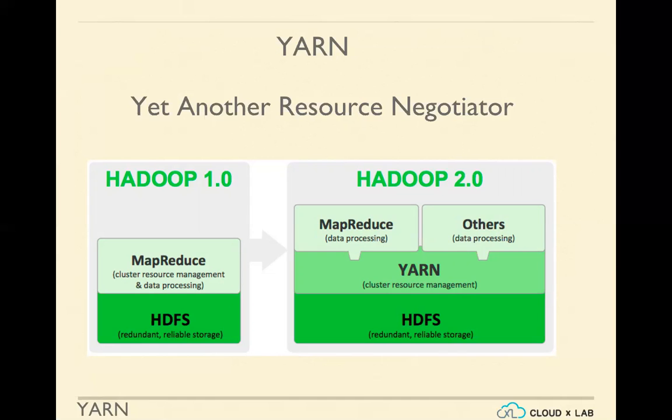MapReduce logic plus actual execution were both done as part of MapReduce 1.0. So it was basically a monolith architecture, as in it was doing both things together, and therefore it was limited.